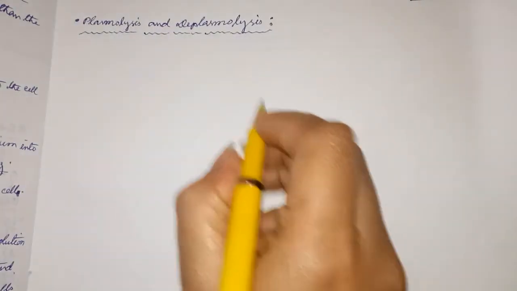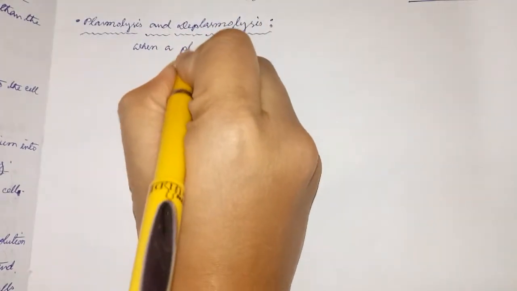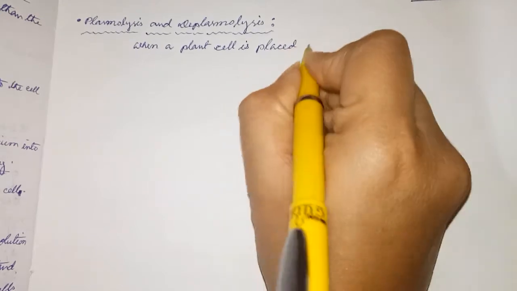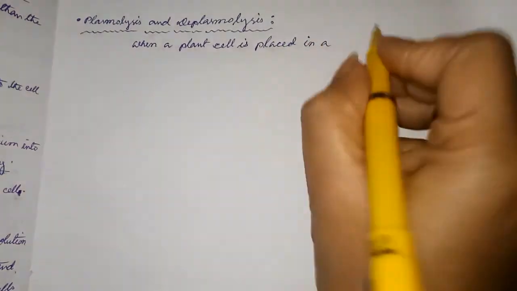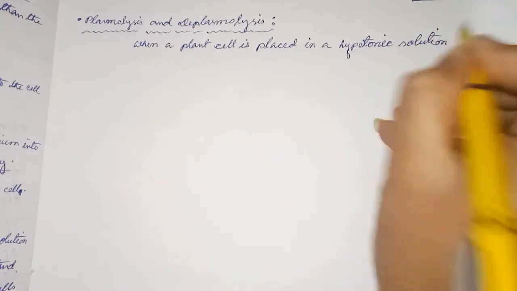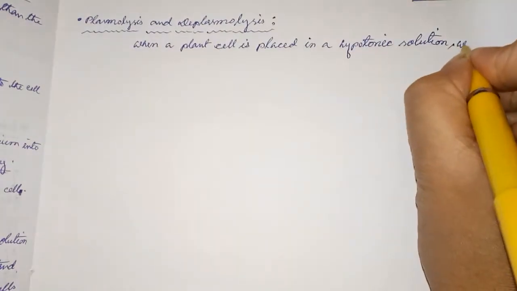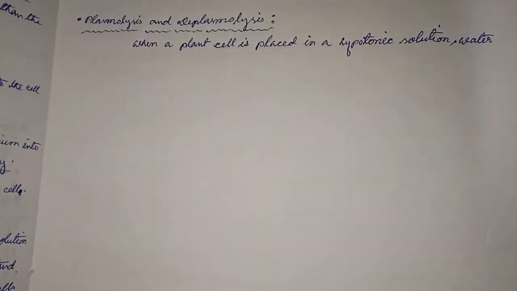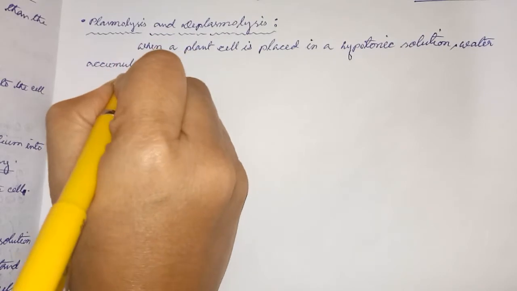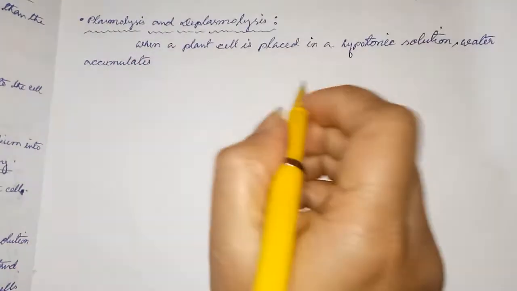Okay. So now, when a plant cell is placed in a hypotonic solution, water accumulates due to endosmosis.